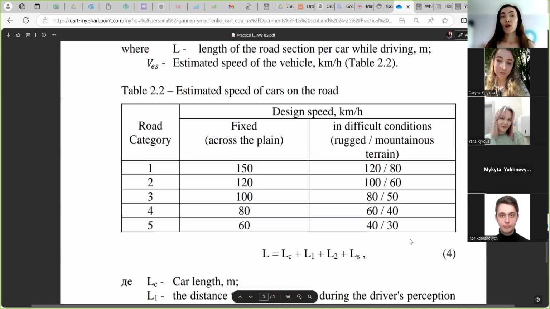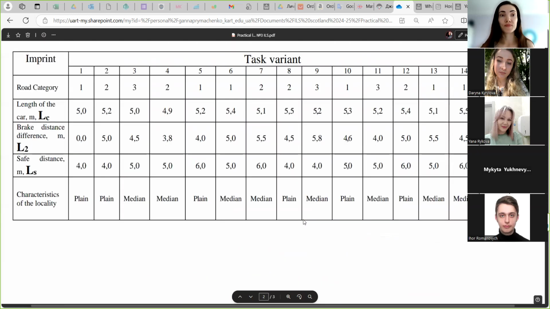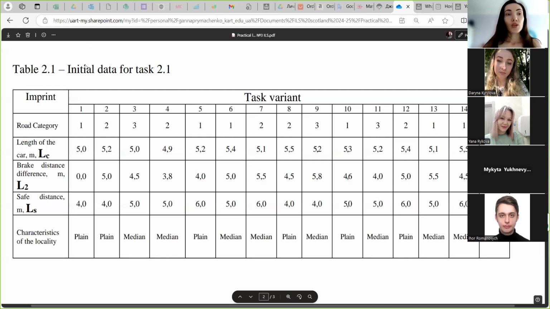So now I open table 2.1 and you need to find for your variant the road category, first column, and what the territory is. It is plain or maybe rugged, mountains and others. So look at these two parameters in our table 2.1. Okay, if you have, for example, first variant, we can see that the road category, our first line of the table, is first.